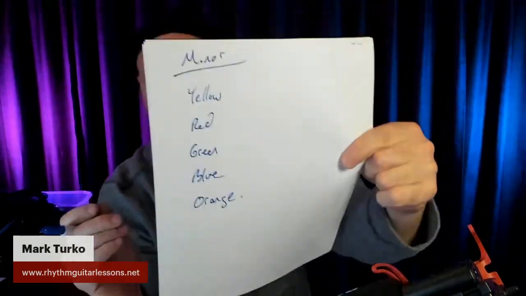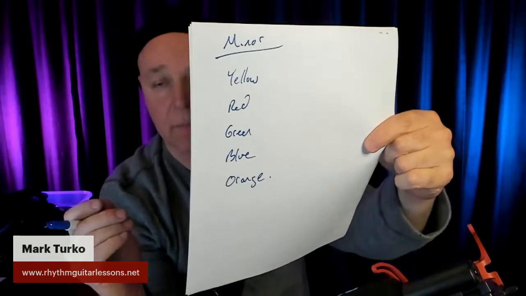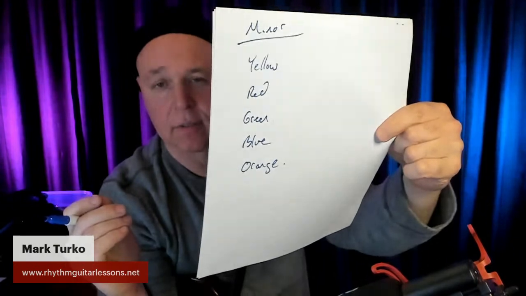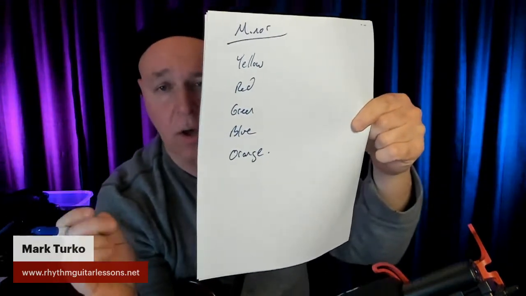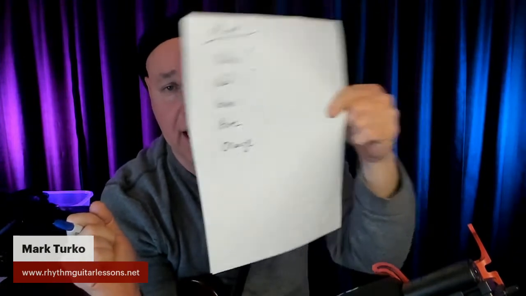So the minor pentatonic first position is the yellow pattern. The yellow pattern is the yellow pattern. That's the fingering for it. That's always going to be the fingering for it. And then I call the next one the red pattern, the green pattern, the blue pattern, the orange pattern.